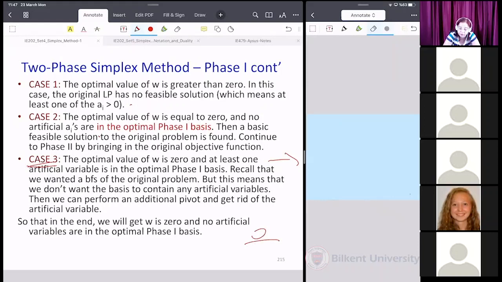So this is my objective function. I have some values like 2, 5, and there's a 0 corresponding to an artificial variable. That means I can do one iteration, unnecessary in terms of optimization, but I need it because I have to replace it with a legitimate variable. Since its right-hand side is 0, it will always be the leaving variable as long as you choose the correct column, because it shouldn't have a negative or 0 entry, so that it becomes a valid ratio test.